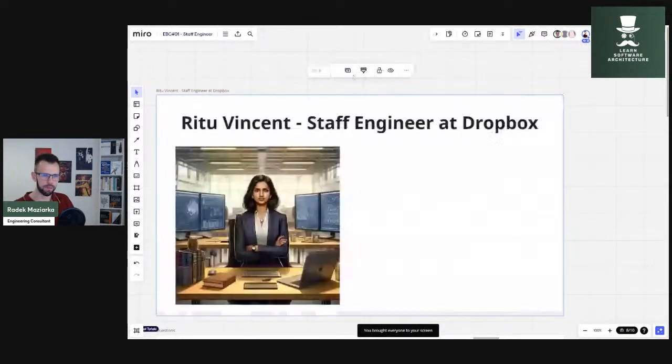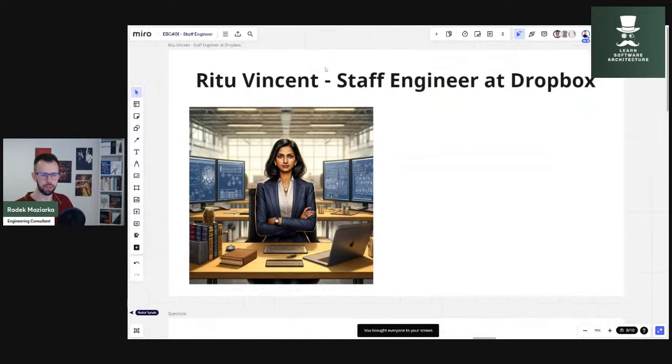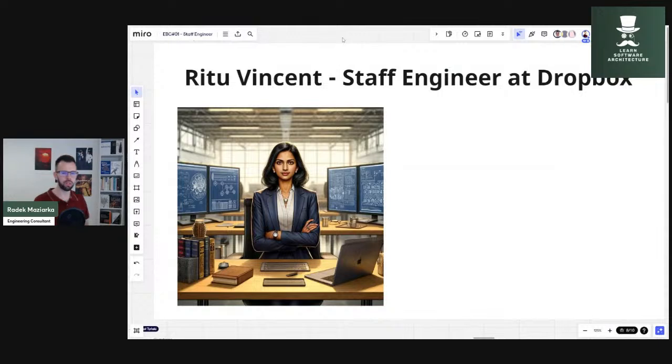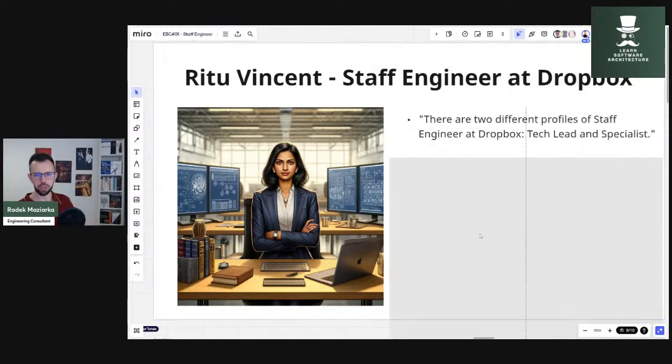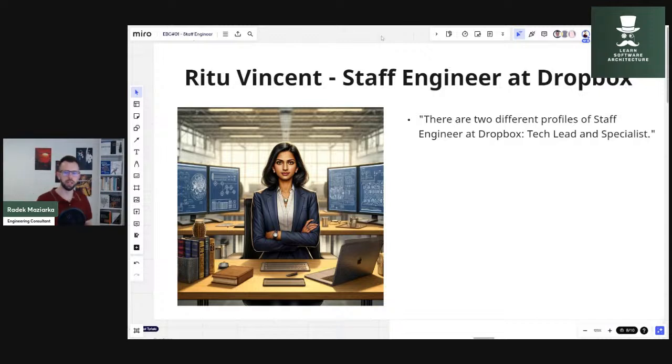Okay, if not, the last story that I want to share here is from Ritu Vincent, staff engineer at Dropbox. She described that there are two different profiles of staff engineer at Dropbox: tech lead and specialist. So as you can see, some of the folks work as a typical tech lead, lead a single team, try to achieve different goals, and produce a specific part of the product.